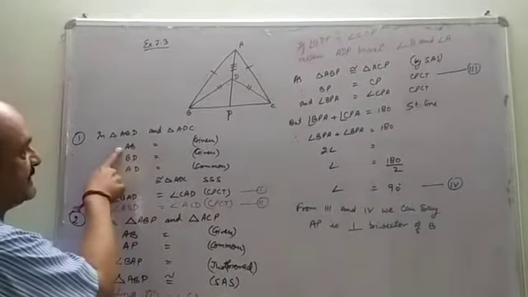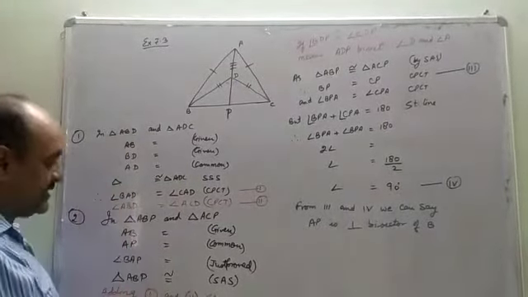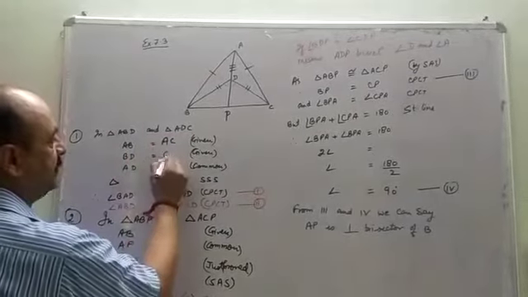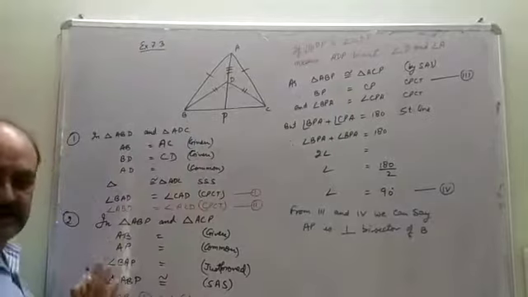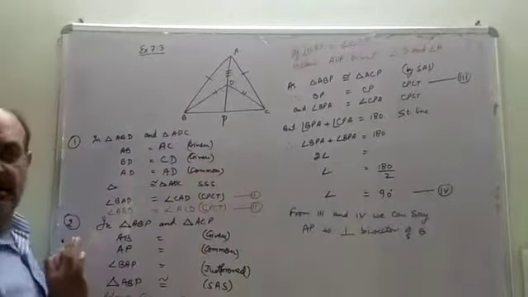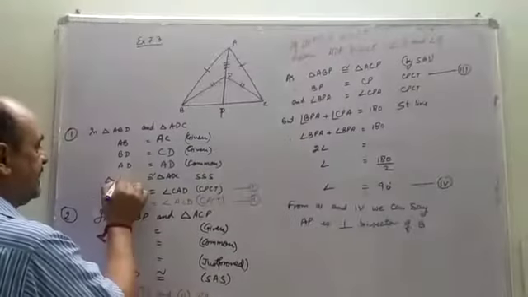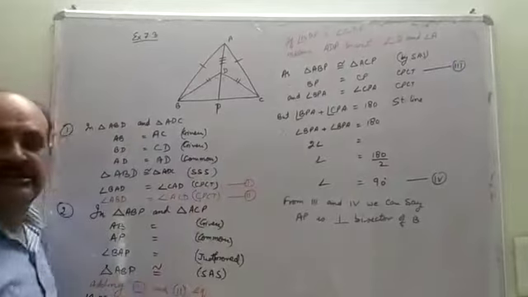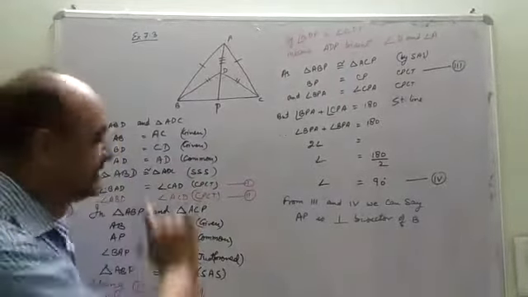AB is equal to AC, BD is equal to CD, both given to you, and AD is equal to AD, that is common, which means triangle ABD is congruent to triangle ADC by SSS.